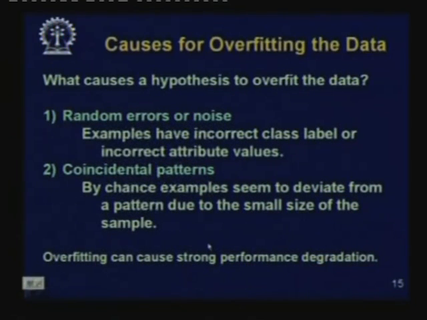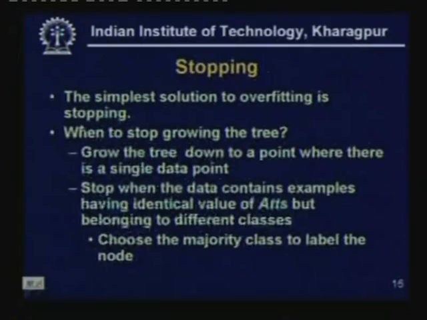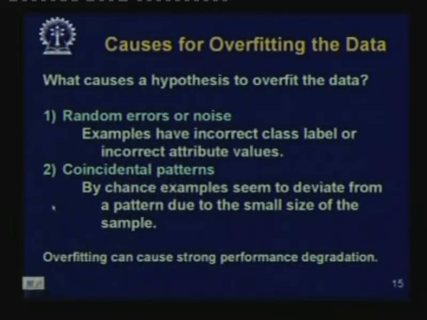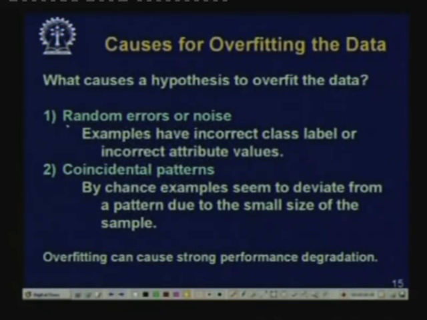What causes a hypothesis to overfit the data? As we have seen, it may be due to random errors or noise, or it can be due to coincidental patterns. Random errors or noise happen when examples have incorrect class labels or incorrect attribute values due to error in measurement.